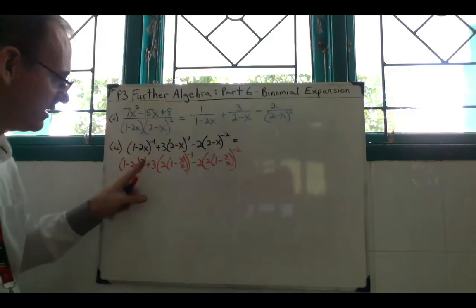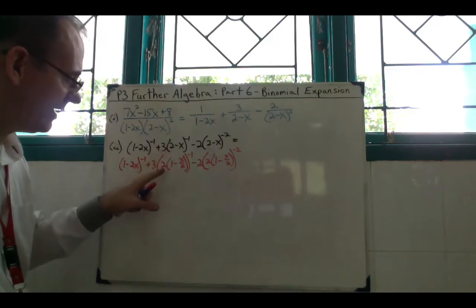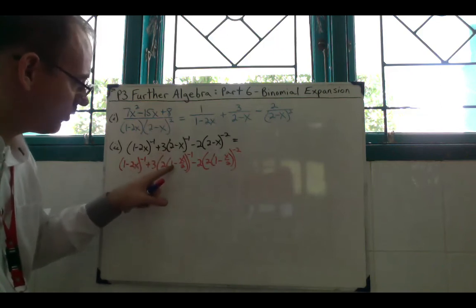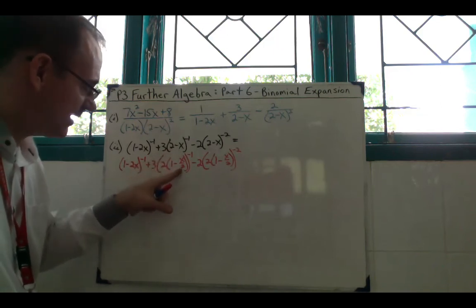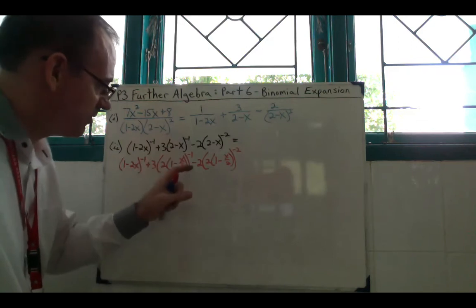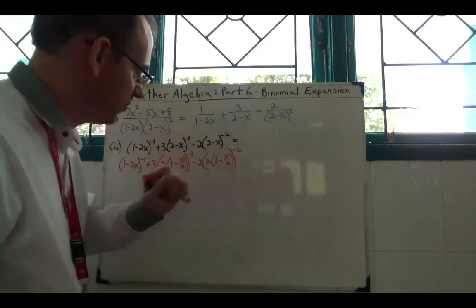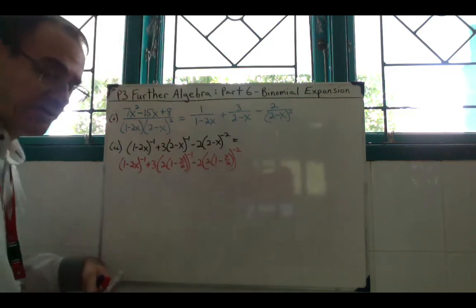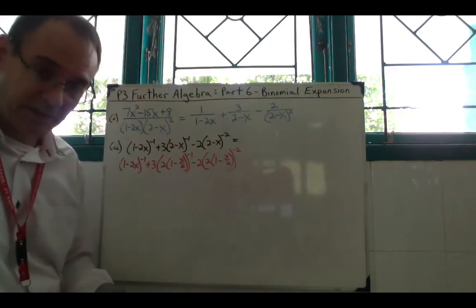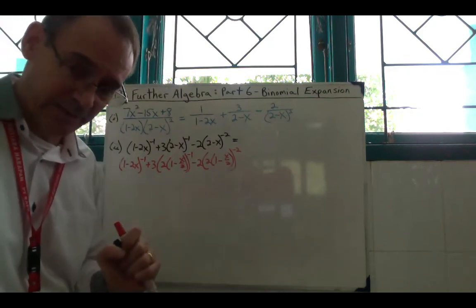This one already has it. This one does not, so we're dividing by 2. 2 divided by 2 is 1. X divided by 2 is x halves, raised to the negative 1 power, and we did the same thing with this one here. Now what we want to do in the next step is to distribute the exponent.